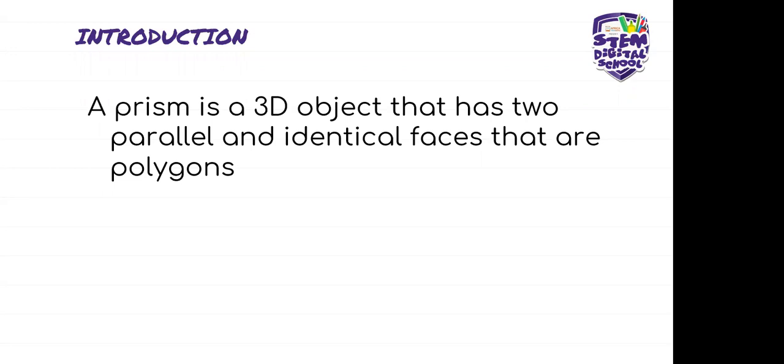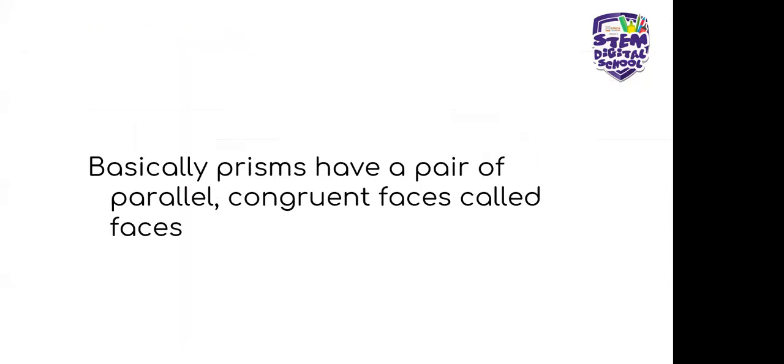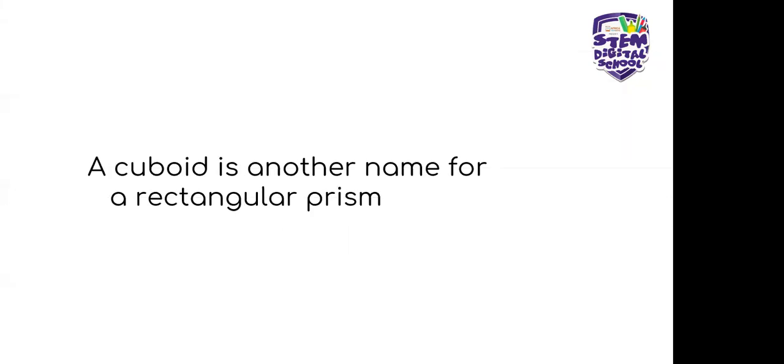When we say that the faces are identical and parallel, we simply mean that they are congruent, meaning that they have the same shape and the same size. So we take the definition to mean that prisms have a pair of parallel congruent faces. Those are the two things that I wanted to talk about, the parallel as well as congruent.